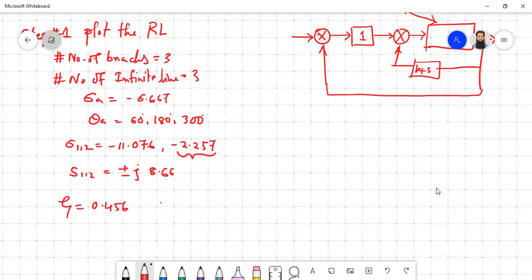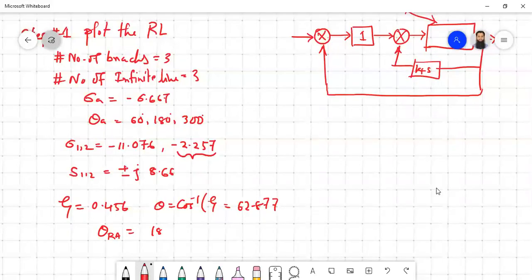So basically theta is cos inverse zeta, which actually gives you 62.877. This is also calculated. So the angle with the real axis, theta with real axis, you can find out as 180 degrees minus 62.877. So basically you can find out the angle with respect to the real axis.